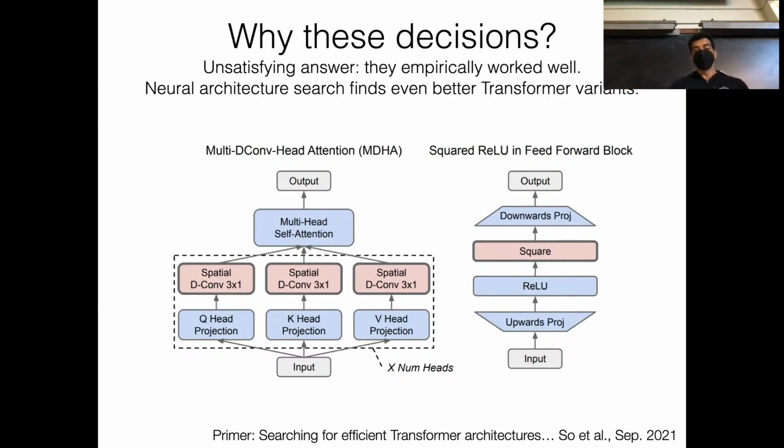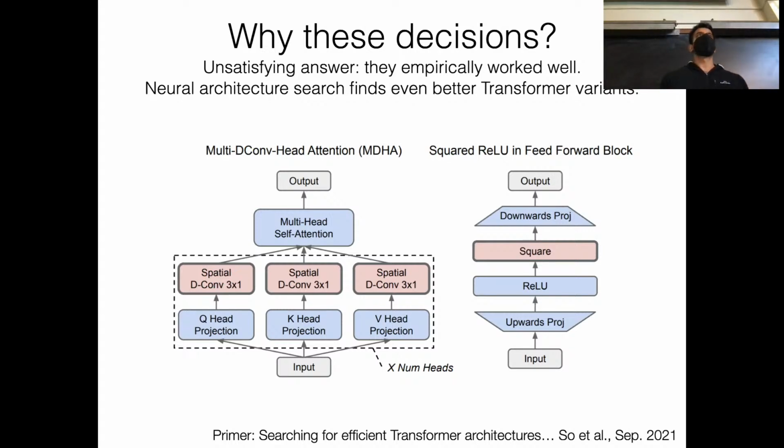This recent paper looked specifically at transformer architectures. They found that, first, adding a convolution on top of the output of these query, key, and value projections before feeding them to the attention works pretty well. No one can explain that. Also, adding just element-wise squaring after this ReLU function is the single most important thing that this architecture search found.